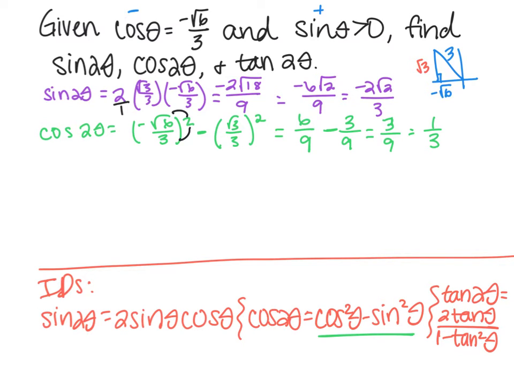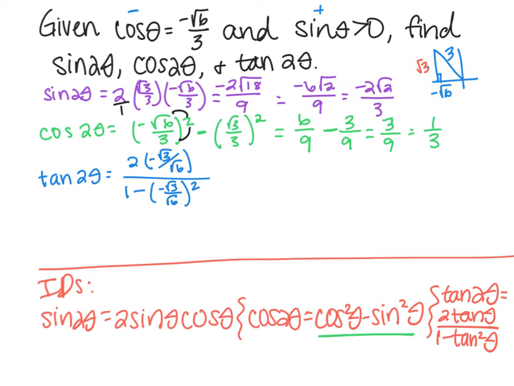So if we use this formula, the top is 2 times tangent of theta. In this case, tangent is opposite over adjacent, so negative root 3 over root 6. Now it's all over 1 minus negative root 3 over root 6 squared.